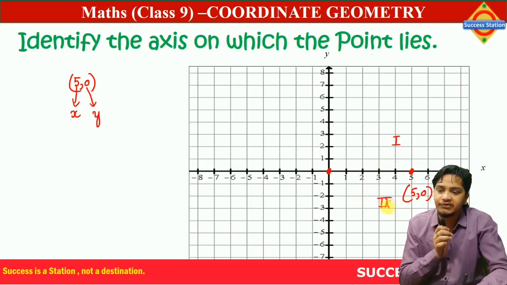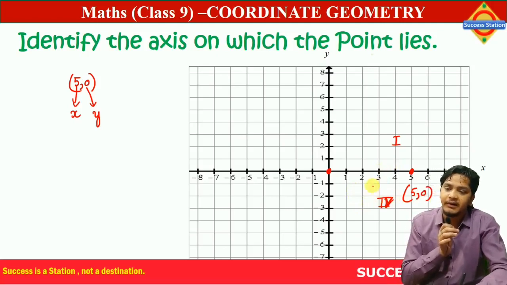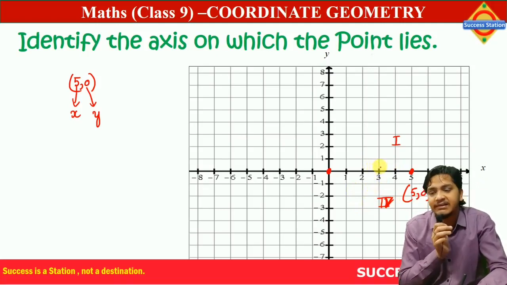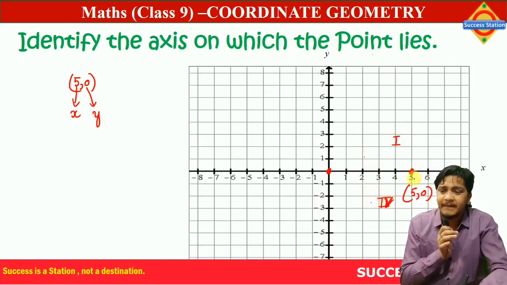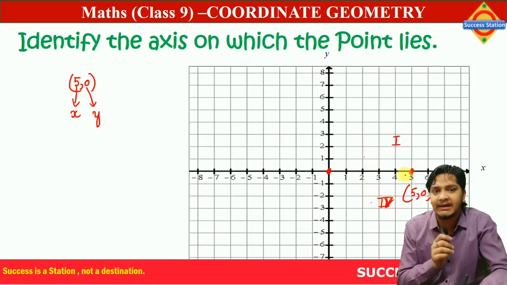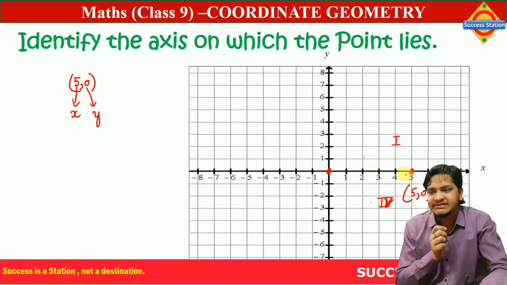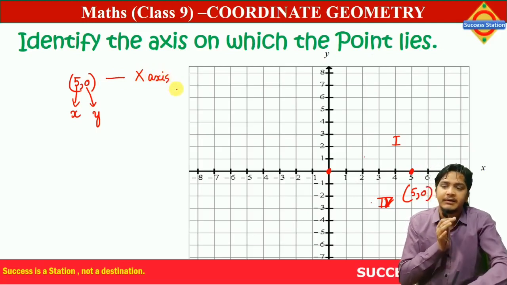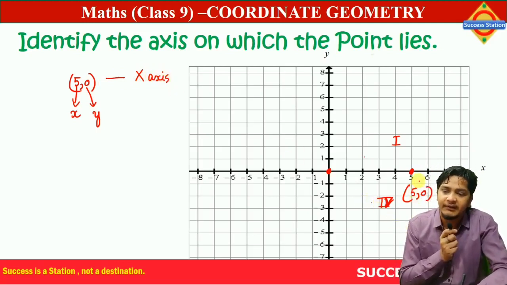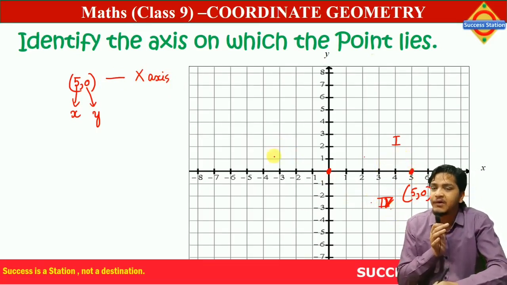Sorry, this is the fourth quadrant. So it does not lie in either the first quadrant or the fourth quadrant. It lies on the axis. Which axis? You will write x-axis. Do not ever write that 5 comma 0 lies in the first or fourth quadrant.